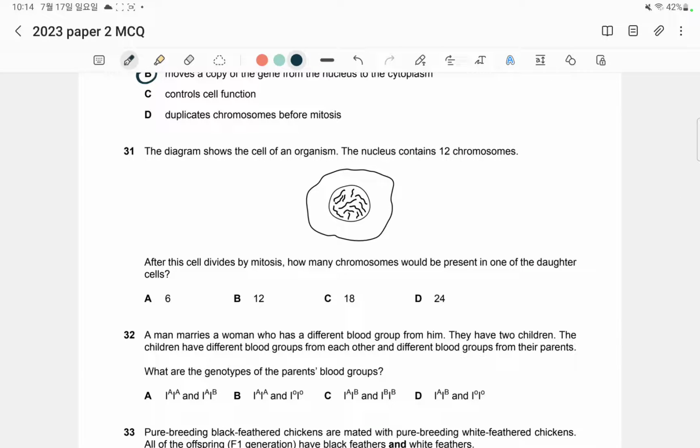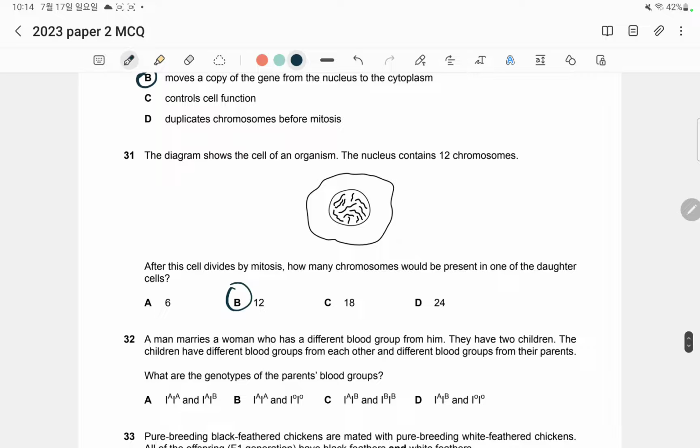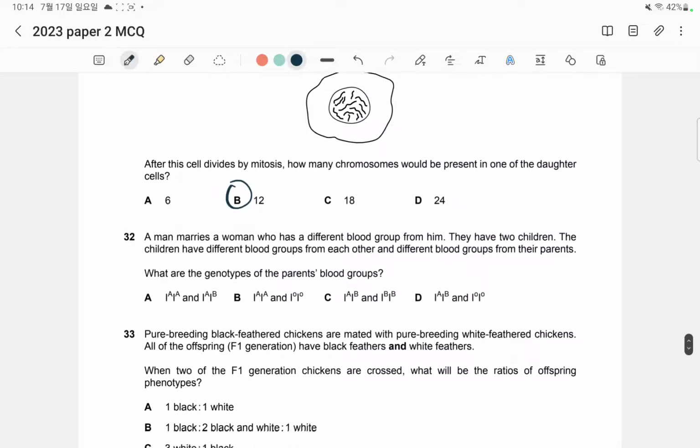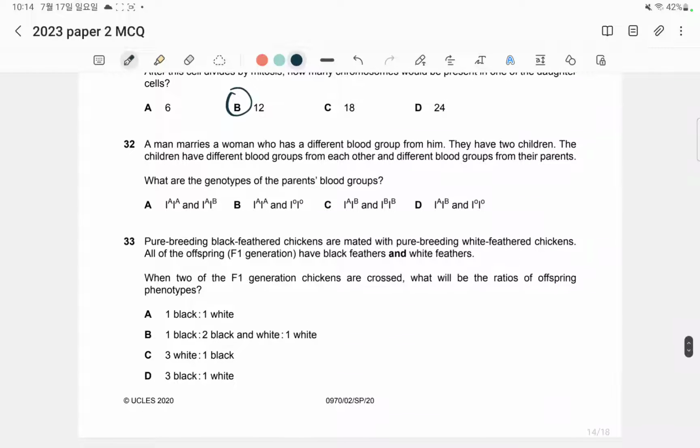The correct answer would be B. Number 32. The correct answer would be D.